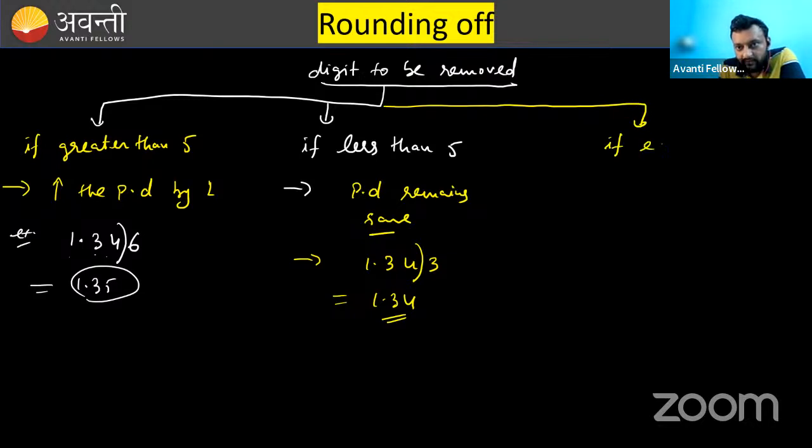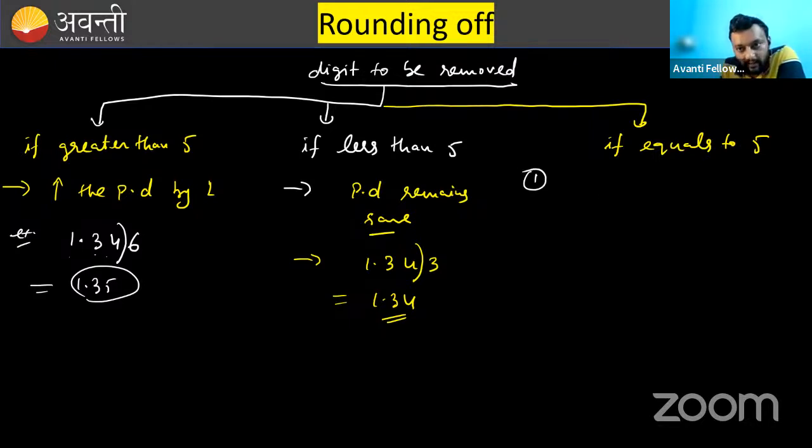If it is equal to 5, then what will happen? There are a few possibilities after that. I will tell you with an example.